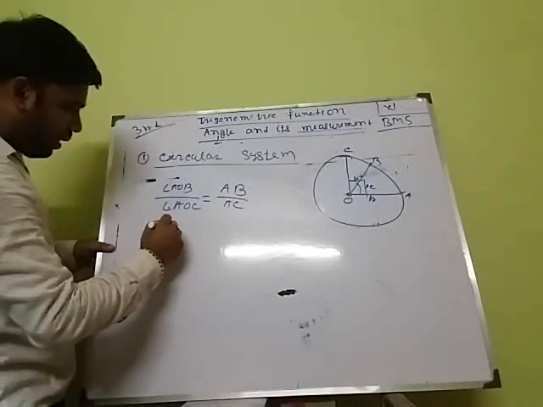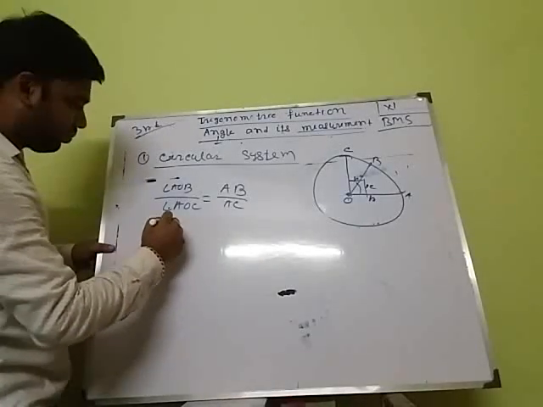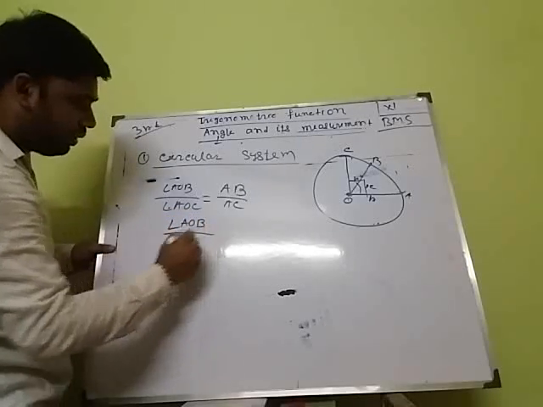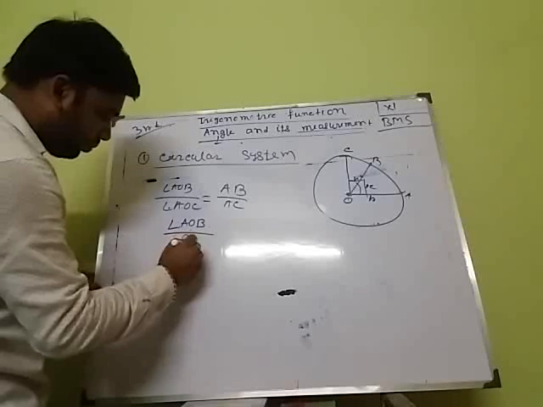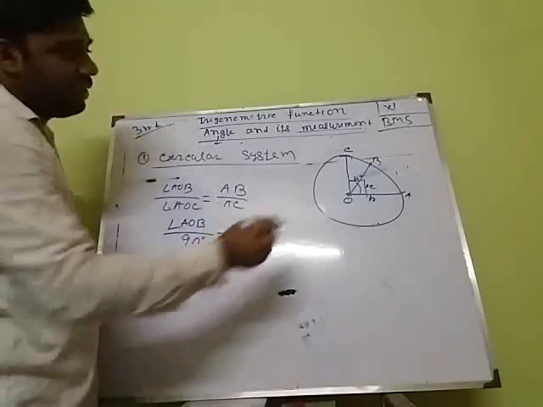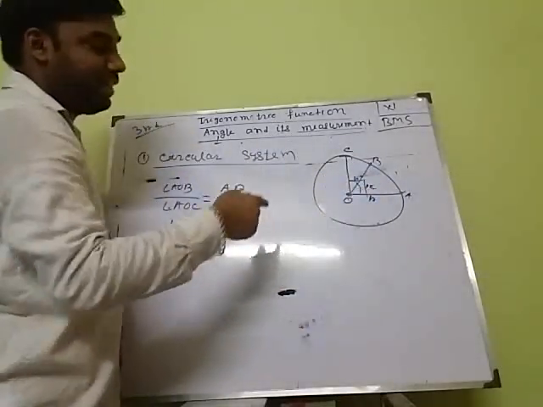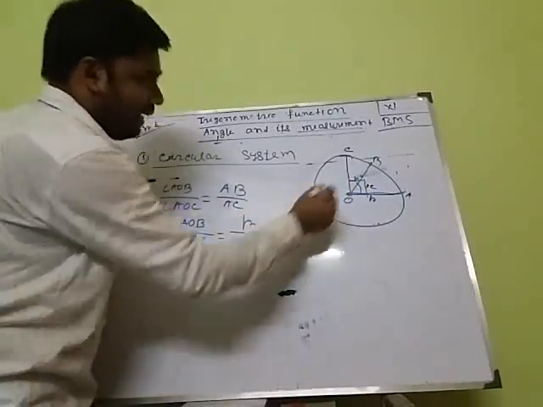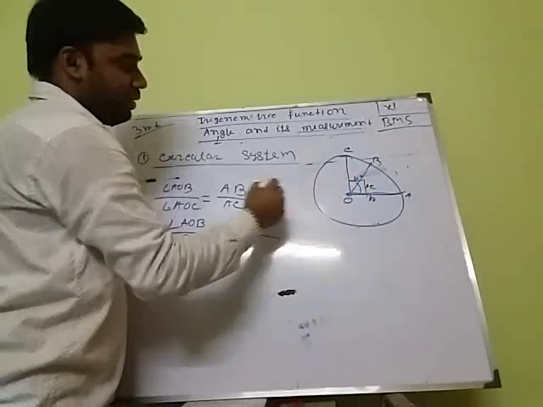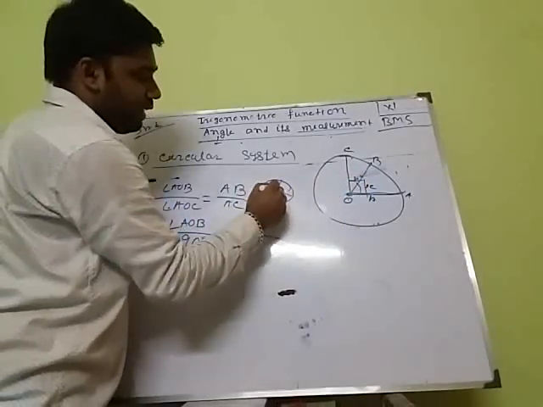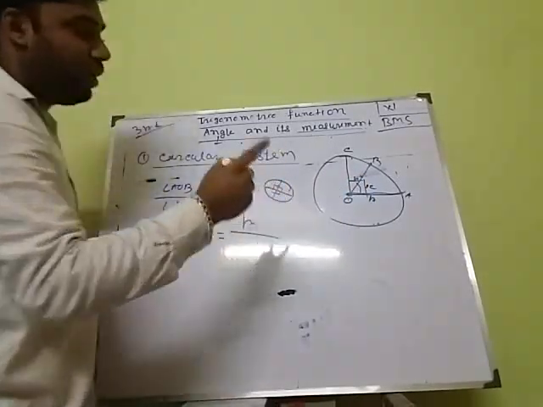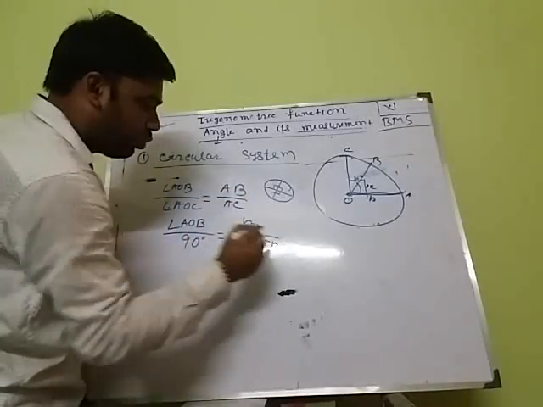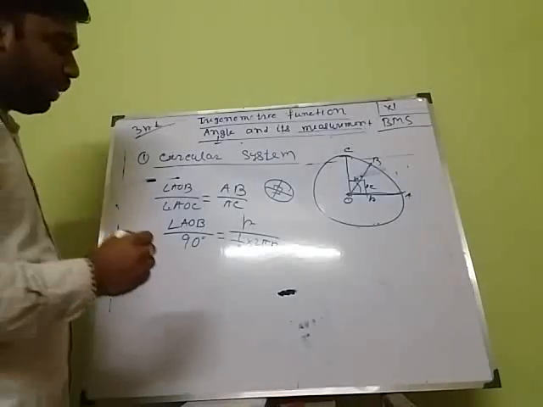Now angle AOC is 90 degrees. AB, the length of AB, we have taken as the radius r, and AC is one fourth of the perimeter, that is 2 pi r by 4.